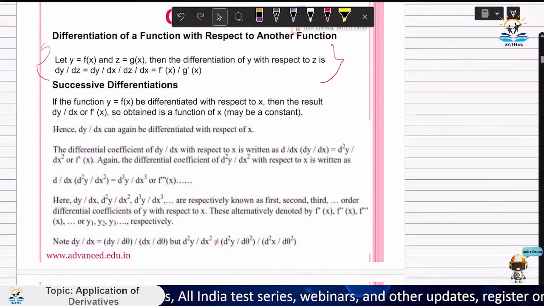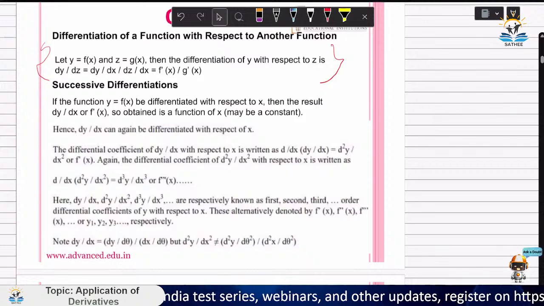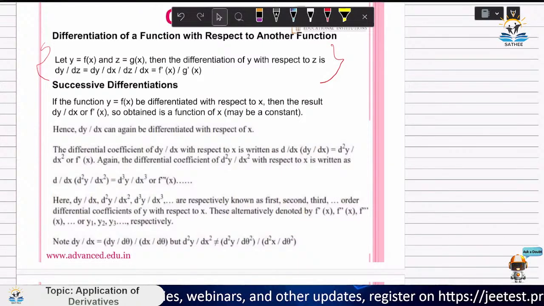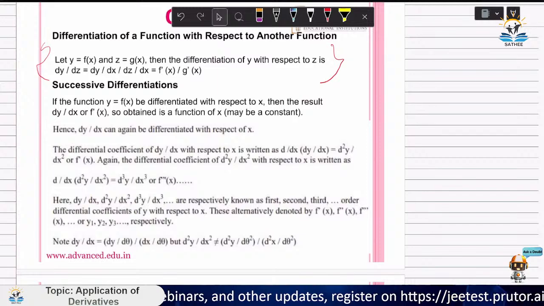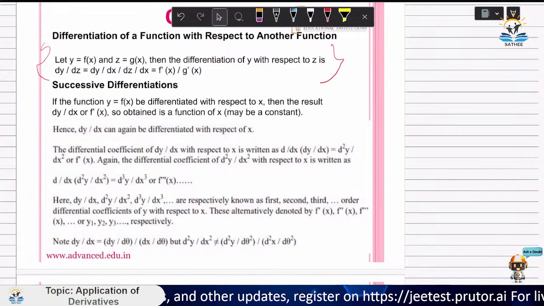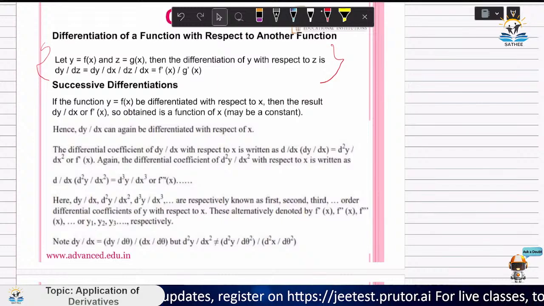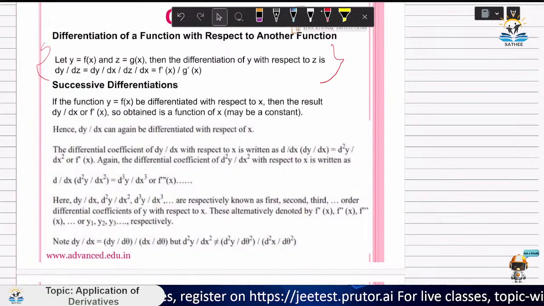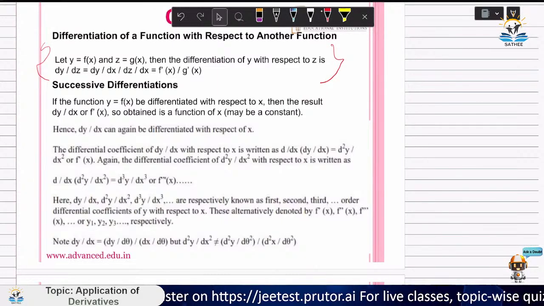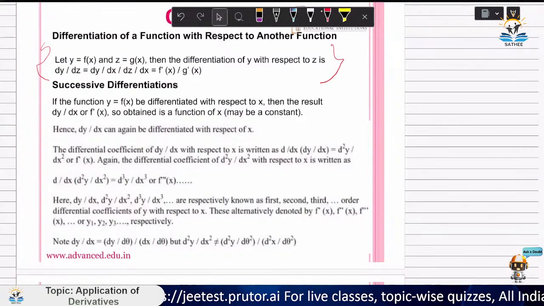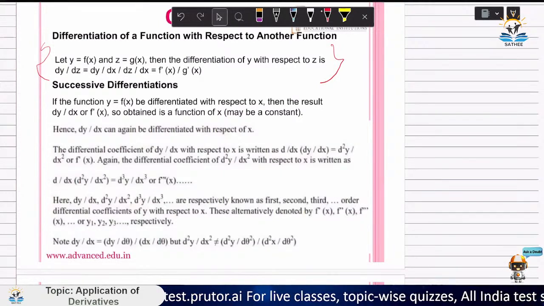Okay, so successive differentiation. If a function f of x is being differentiated with respect to x, then the result dy by dx or f dash x so obtained is a function of x, maybe a constant. Hence, dy by dx can be again differentiated with respect to x. The differential coefficient of dy by dx with respect to x is written as d square y upon dx square or f double dash x.